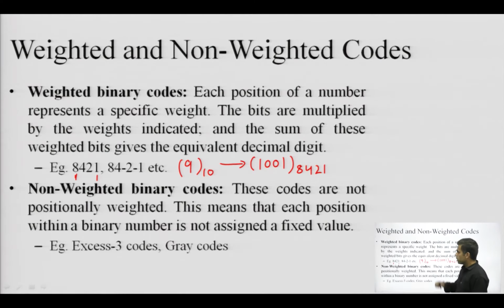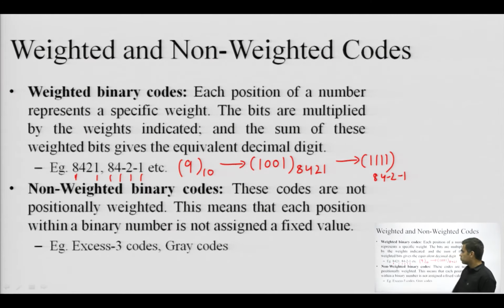Similarly, if I want to write 9 in 8, 4, minus 2, minus 1, I can check that 8 plus 4 is 12, minus 2 and minus 1, that means 12 minus 3, gives me 9. So, the 9 will be represented as 1111 in 8, 4, minus 2, minus 1 code. In this way we can represent a single decimal number in multiple forms by using different weighted codes.